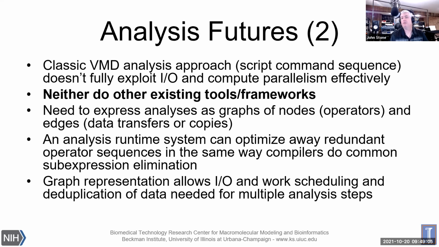But one of the problems is VMD, the way that VMD does analysis today is sort of based on how things were over the last 25 years. And there's not enough concurrency in the imperative programming scheme that we use.